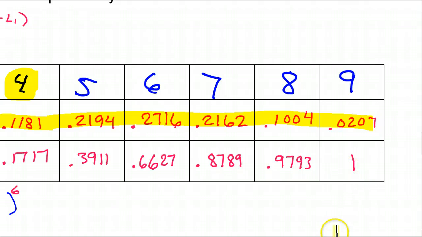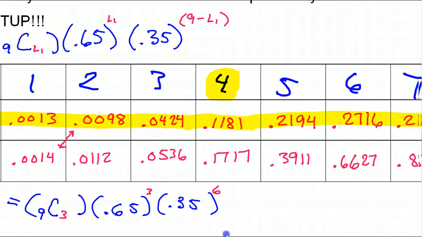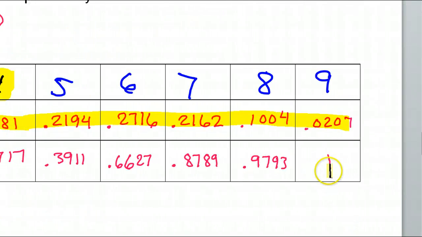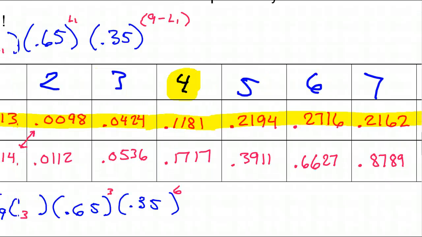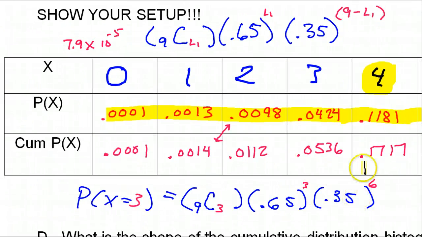And we know that if this is a legitimate probability distribution, if you add up all the probabilities, it better equal 1. Now, sometimes you do some rounding. So if you get 0.9999, that's okay. Alright, so that's all there is to a cumulative probability distribution.